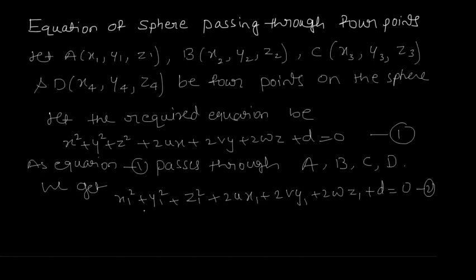Similarly, it passes through the second point, that is x2, y2, z2. So for that we obtain x2 square plus y2 square plus z2 square plus 2ux2 plus 2vy2 plus 2wz2 plus d is equal to 0.